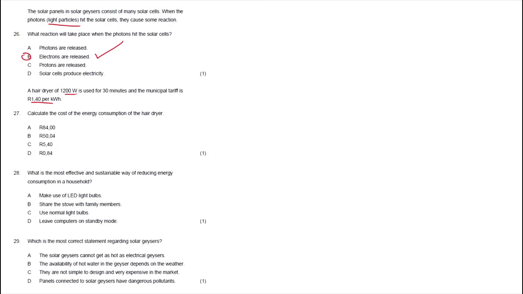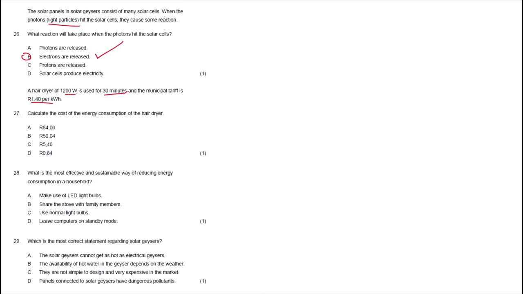Now we are told to calculate the cost of the energy consumption of the hair dryer. So this is question 27. We can see that our energy will be equal to 1.2 multiplied by 0.5.